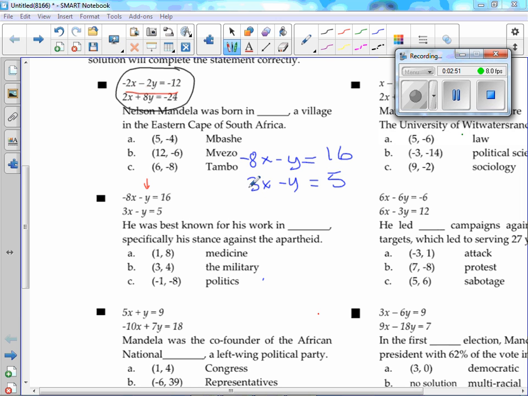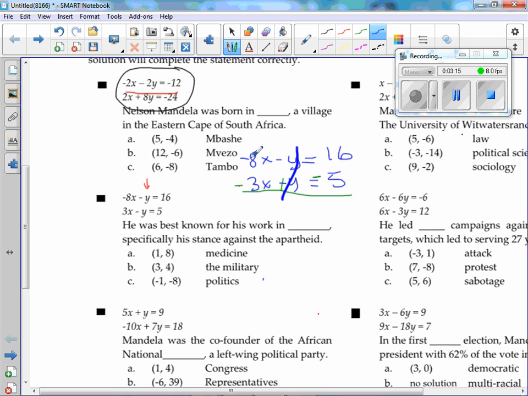So we're going to add it vertically, but we need one of these y's to be a positive. So in order for that to happen, we've got to multiply everything by negative 1, thereby changing every sign in this problem. All I did was make it opposite. So now it's easy for me to just cancel out the y's.